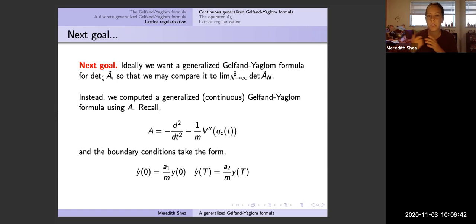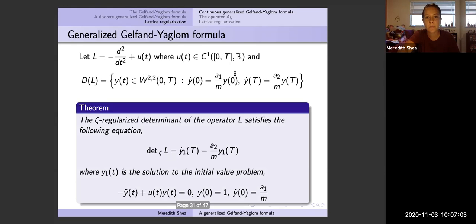They look like mixed boundary conditions, where A1 and A2 are the same A1 and A2 we've had before. So they're the second derivatives of F1 and F2, respectively. And we just divide by M here because Q dot is equal to P over M.